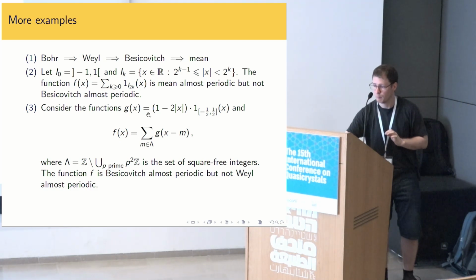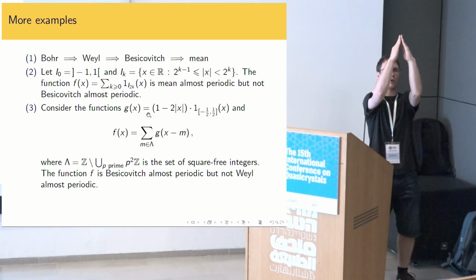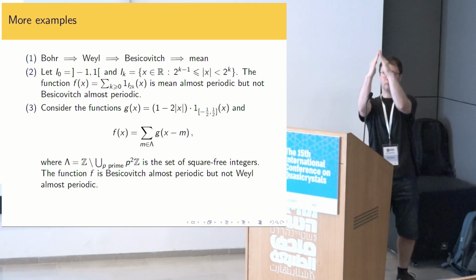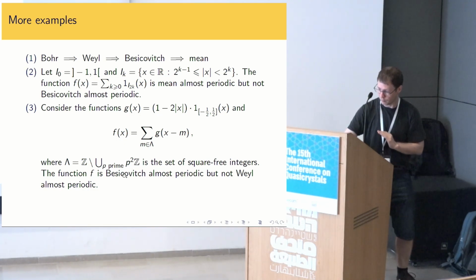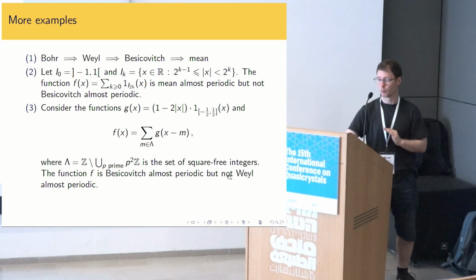If we now put this triangle, this G, over every remaining element, then this function is Besicovitch almost periodic, but not Weyl. Why? Let me remind you what the difference was.